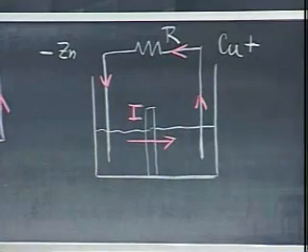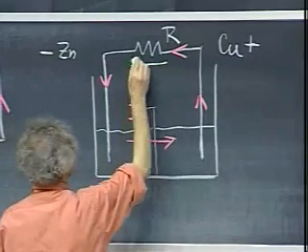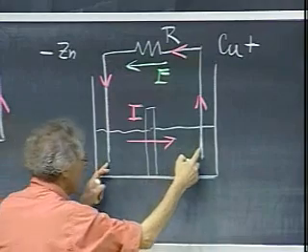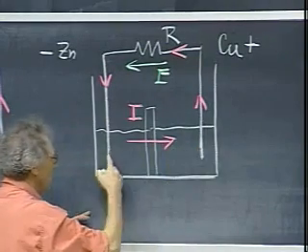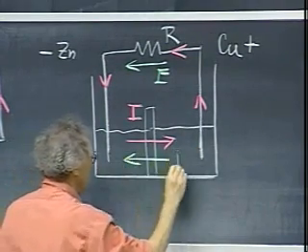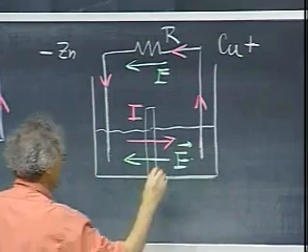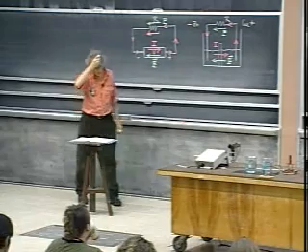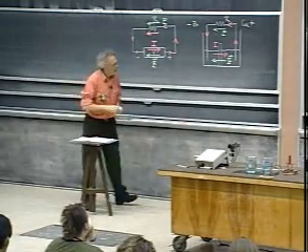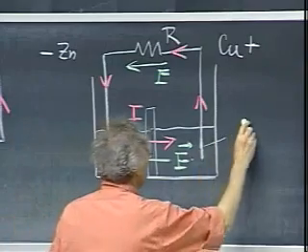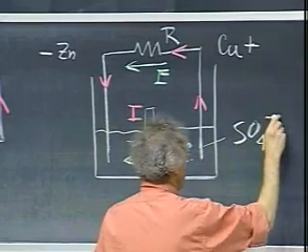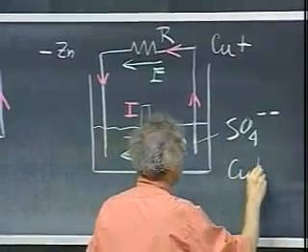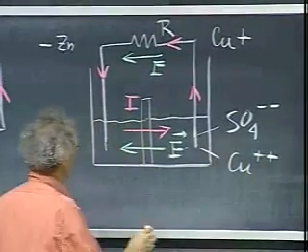And the electric field here is in this direction, from plus to minus, but also inside the battery, the electric field must be from plus to minus. So you see again, as we saw here, that the electric field is in the opposite direction of the current. You will have here SO4 minus ions, and you have copper plus ions in this solution.